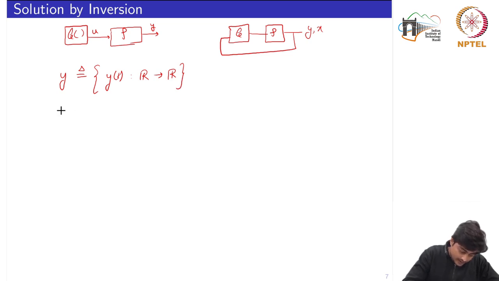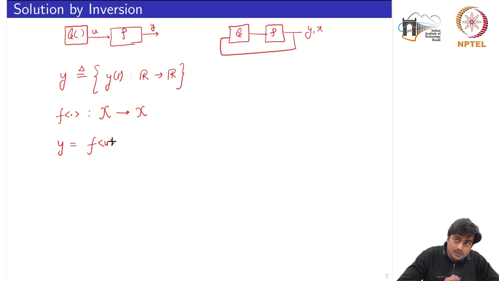Now we define a function f, which is an operator mapping from one function space to another function space, say from X to X. Assume that the output y can be expressed as this operator as a function of the control signal u plus some disturbance variable, which we define by d.